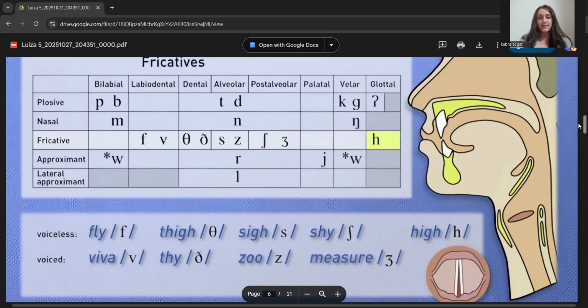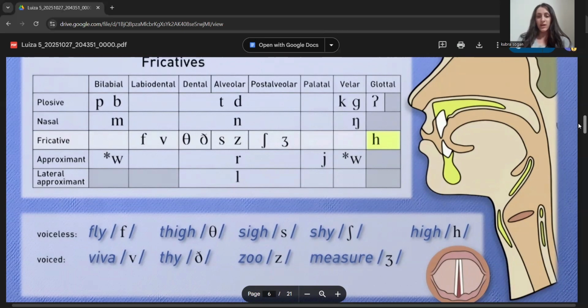S and z as in sigh and zoo are alveolar fricatives. The tip of the tongue is brought towards the alveolar ridge. They are sharper than in a number of other languages. Voiceless sh as in shy and voiced zh as in measure are also sharp.